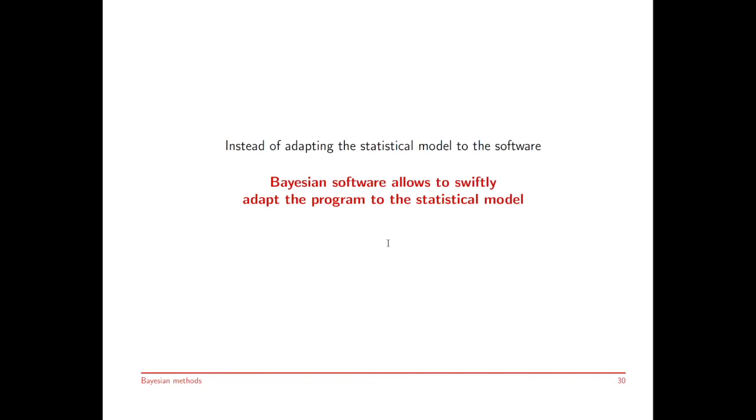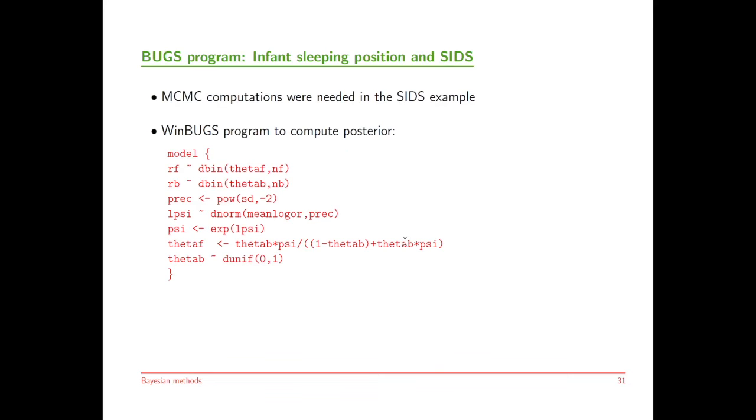We could say that instead of adapting the statistical model to the software, which often happened in my practice in the past, the Bayesian software allows us to swiftly adapt the program to the statistical model. Here you can see a BUGS program for the infant sleeping position relating to SIDS.